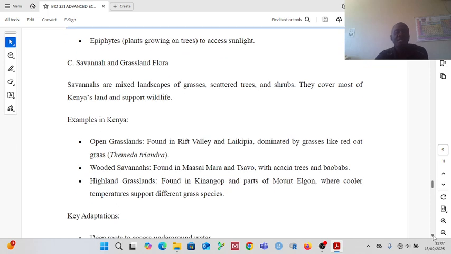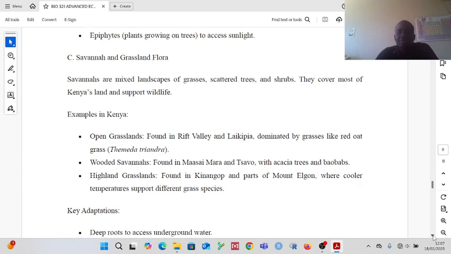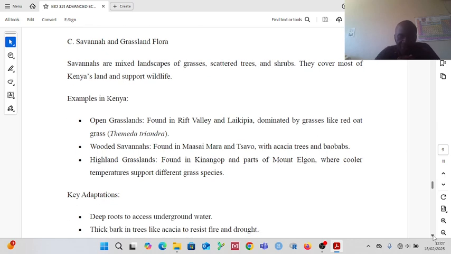Okay. Within the savanna, within the grassland flora, those are areas where you have mixed landscapes. So you have grass, you have scattered trees, you have shrubs. So they are found all over.